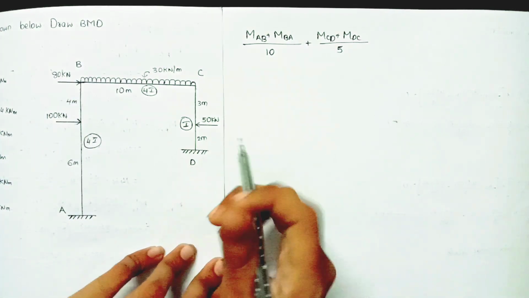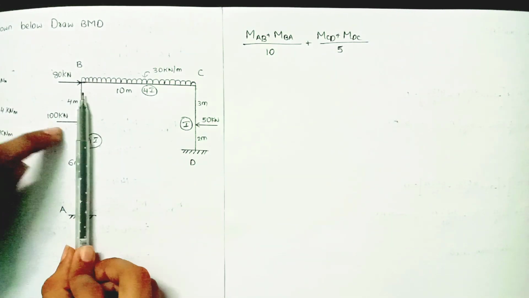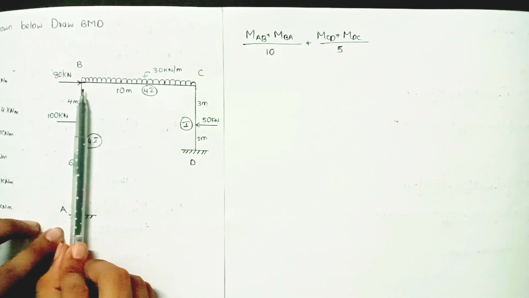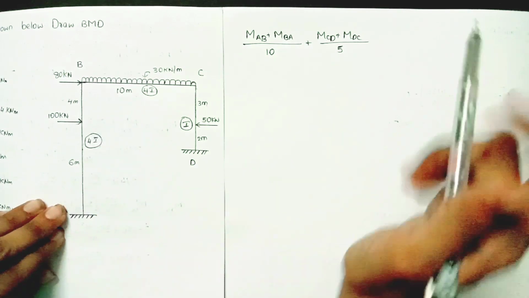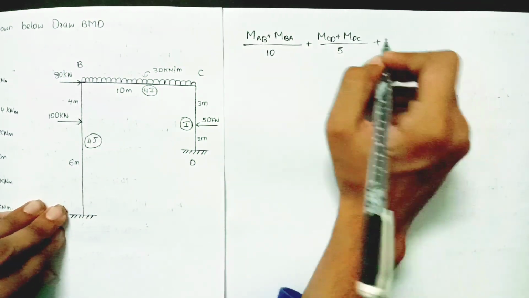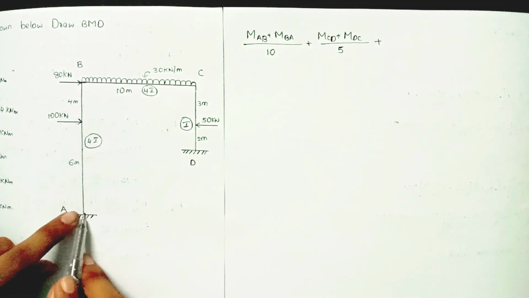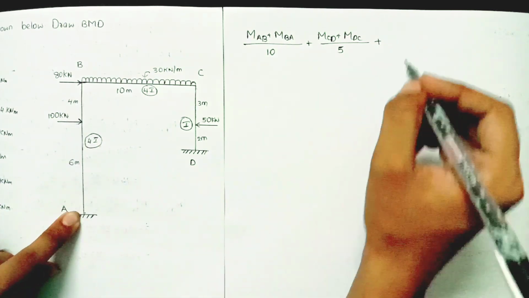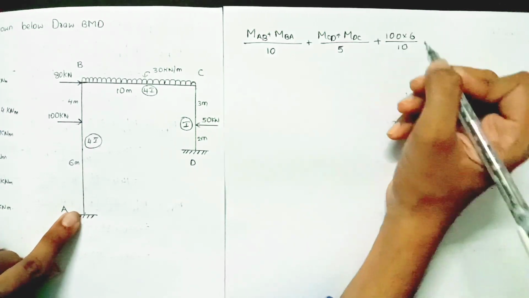The load applied on this member is causing clockwise rotation, so it is a positive value. Plus 100 into the distance up to the fixed support, because the moment is taken from the fixed support. 100 into 6 whole divided by total length.